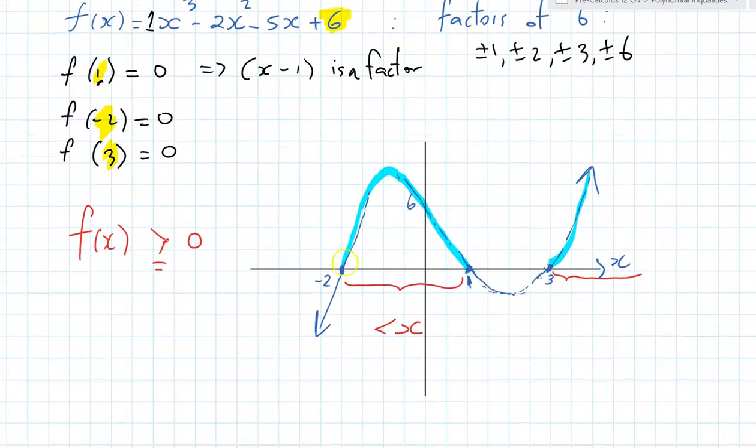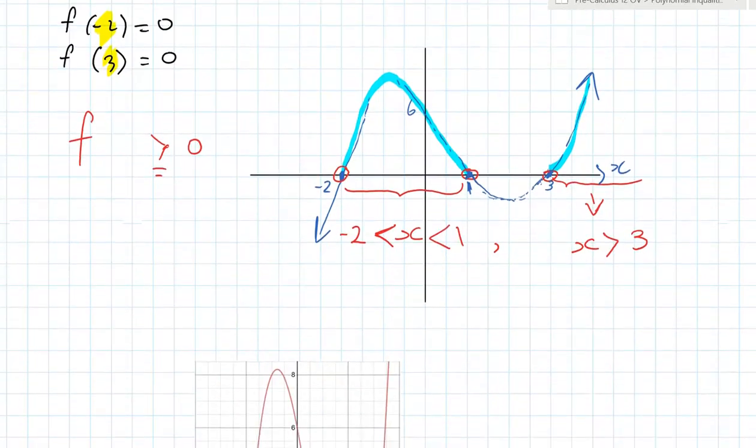That means these values actually are not part of the solution. Okay, so the way we write the inequality, we say exactly that. So x has to be greater than -2 and less than 1, comma, and then we're going to include that piece, which is x has to be greater than 3. And that is basically it in terms of the graph and in terms of the solution.